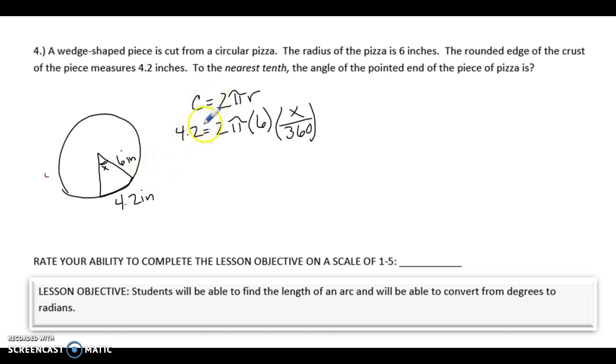And you are going to solve this now on your own. You can solve by multiplying 2 times pi times 6, and I would multiply 360 times 4.2, and then divide to get your x value. Again, pay attention to what you need to round to the nearest tenth of an inch, and you should be good. All right, so this is a good start. Let's see if you can finish it.